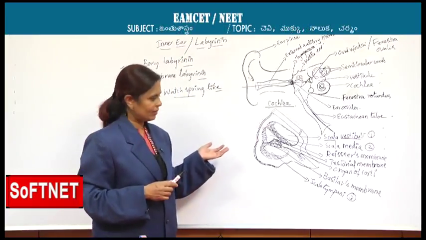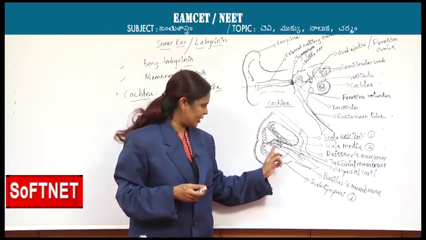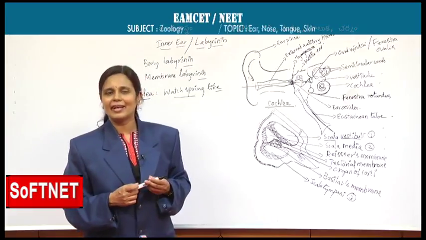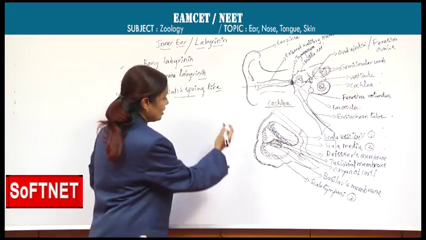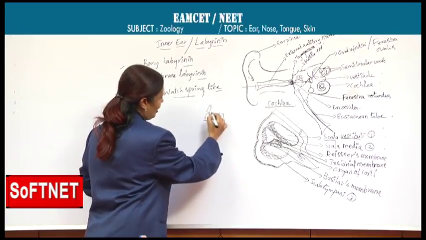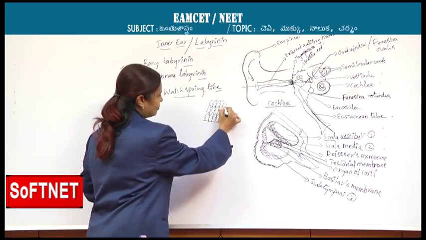What is it made of and what is the significance of it? This organ of Corti is made of several layers of sensory hairy cells arranged one above the other.